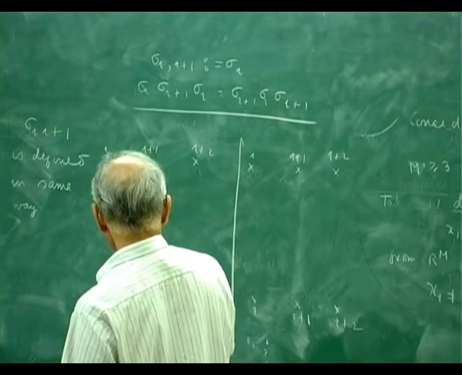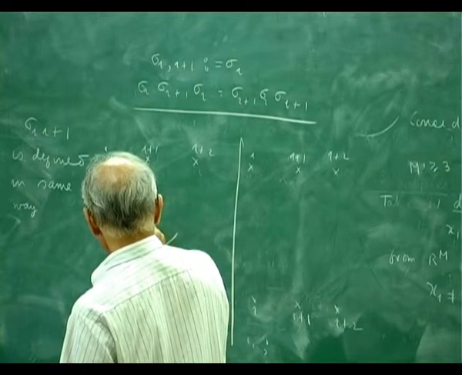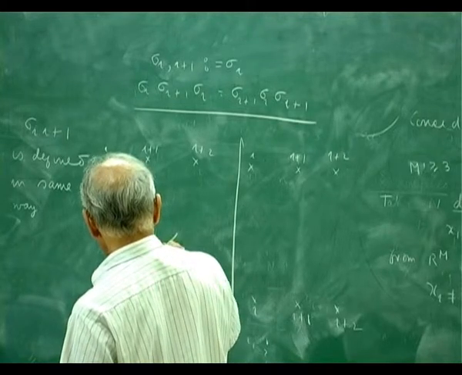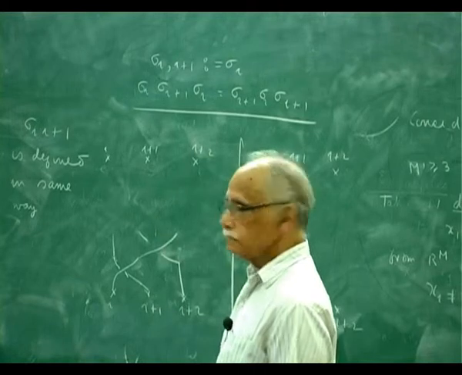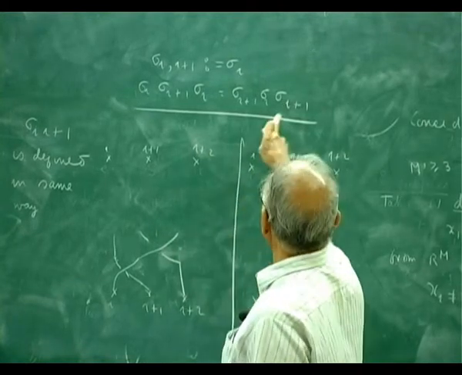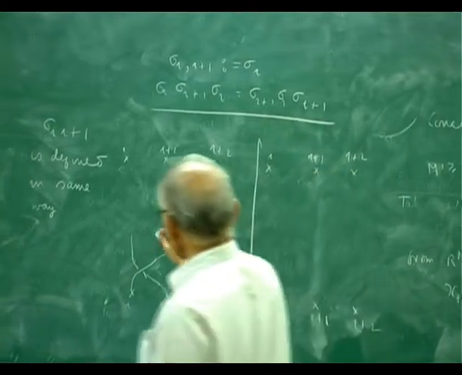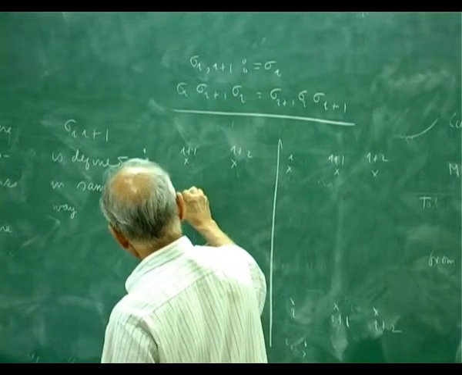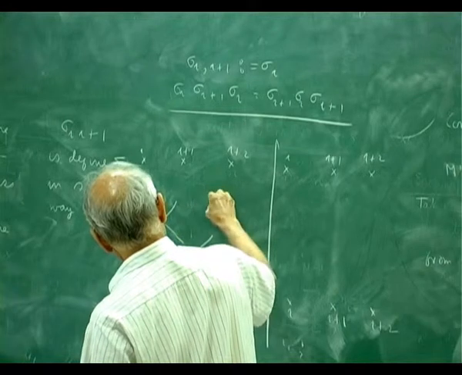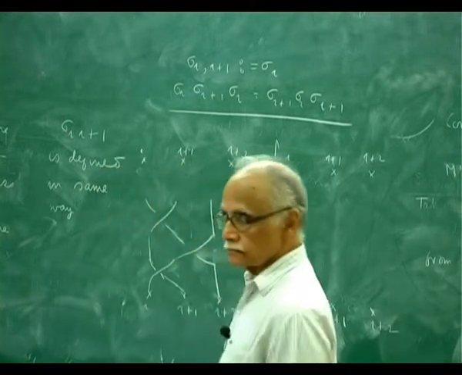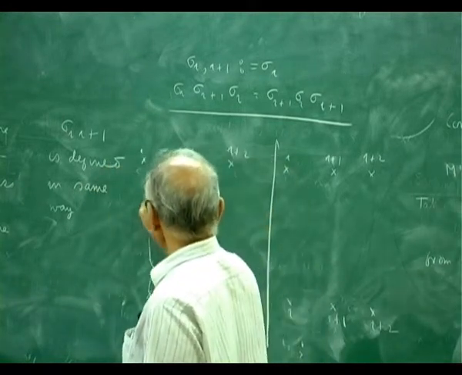So this goes over, this goes underneath here. Then again sigma i, this goes over, this goes underneath, and this goes here, and this is my closed loop.